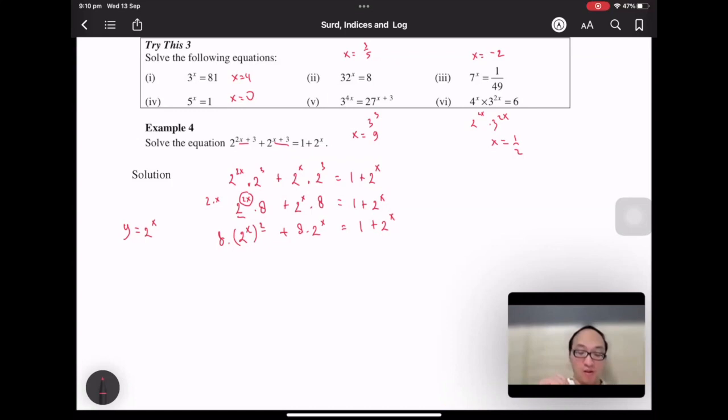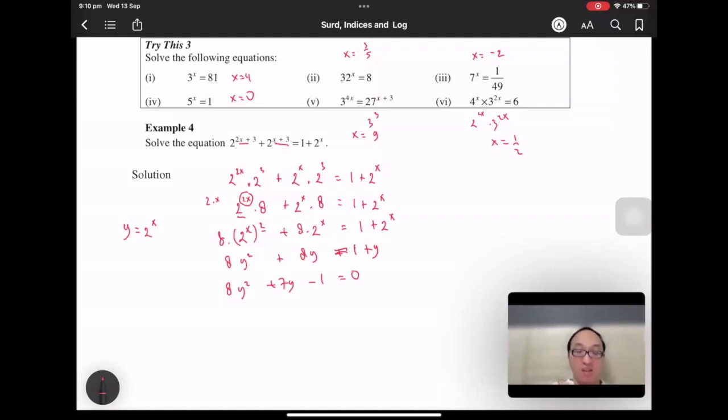So now we have to change the 2 to the power of x into y. So we have 8y squared plus 8y equals 1 plus y. So we can simplify: 8y squared plus 7y minus 1 equals 0.